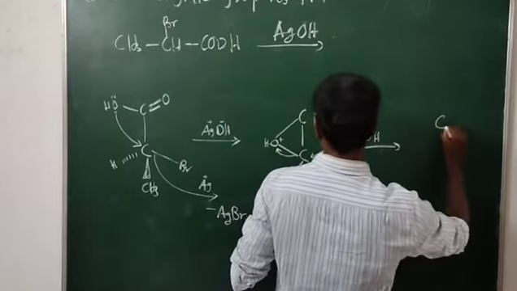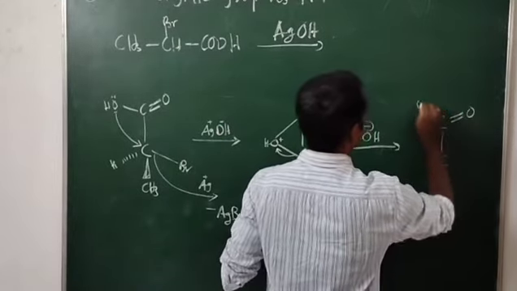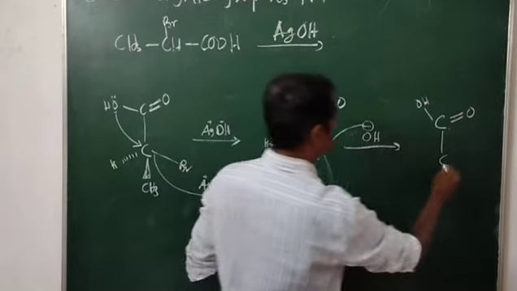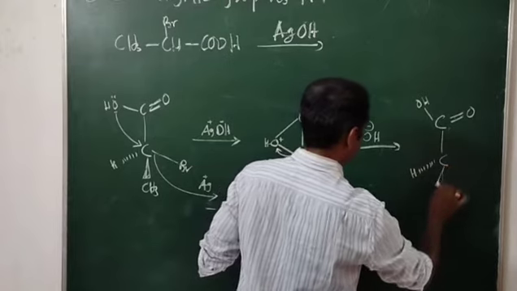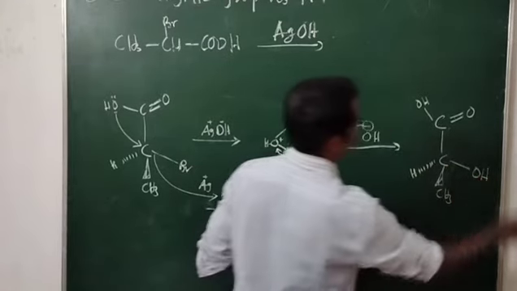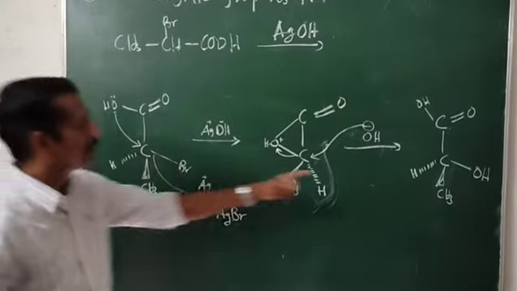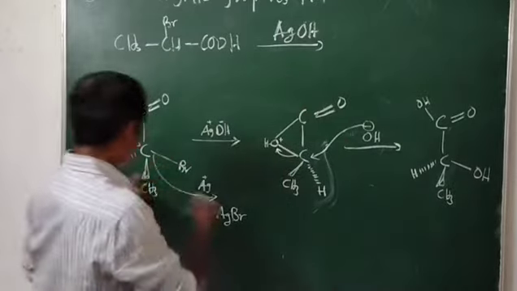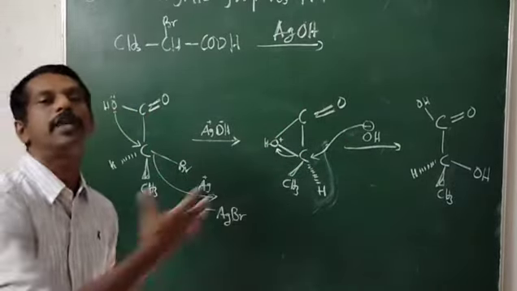So we get a structure like this: C double bond O, OH group becomes free, and here you can see that H comes here, and CH3, and what is coming here? Here it is OH. Here you can see that Br is eliminated, the same position our new nucleophile is coming, and the configuration is retained, retention of configuration.